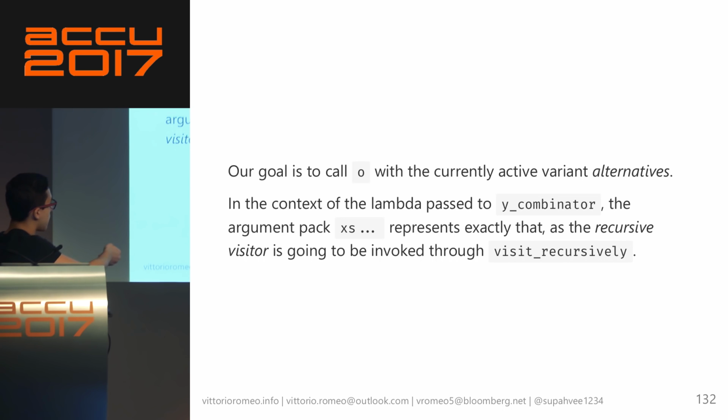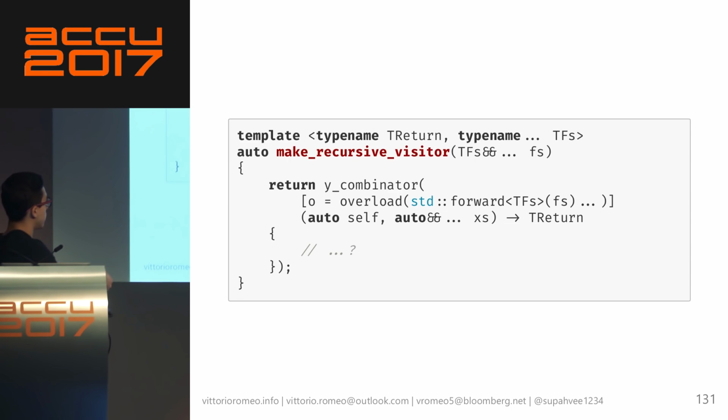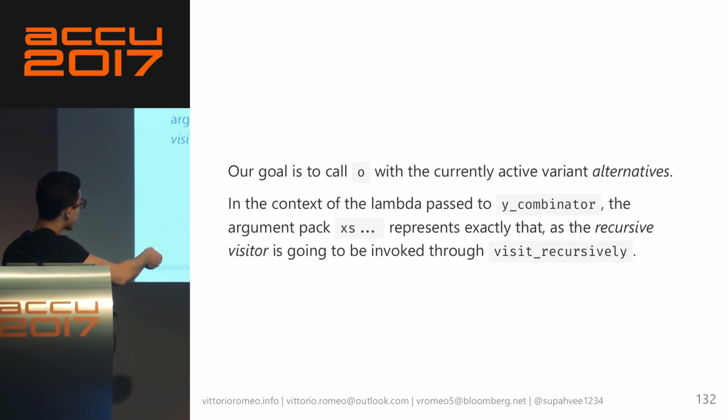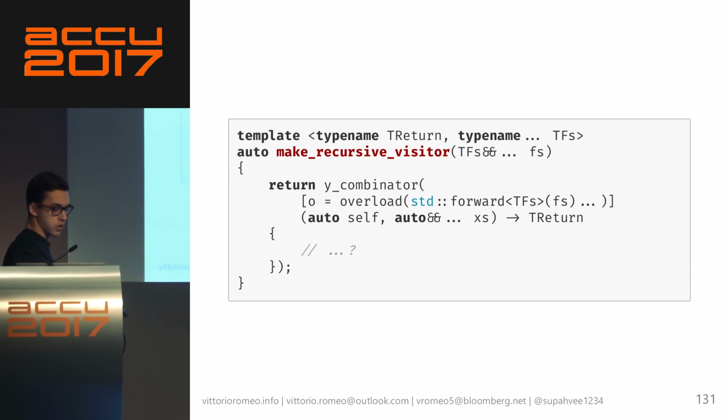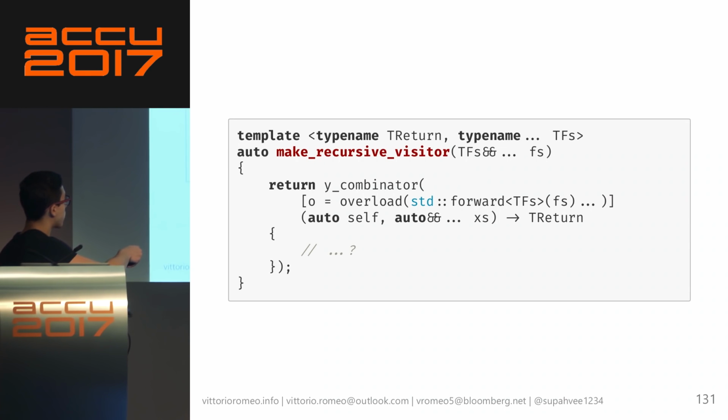In the context of the lambda that we're passing to y combinator, so in the context of this lambda here, the argument pack XS represents exactly that, because the recursive visitor is going to be invoked through visit recursively. So let me explain that. When we call visit recursively, what we're going to pass is the result of this y combinator call.